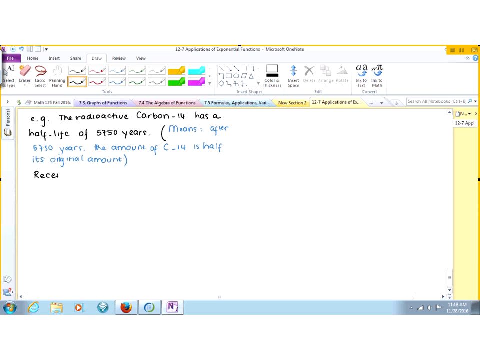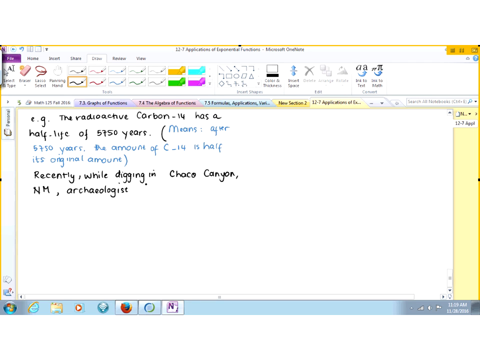All right. Now, recently, while digging in Chaco Canyon, New Mexico, so this is from the book, I'm just going to follow. Chaco Canyon is in New Mexico.